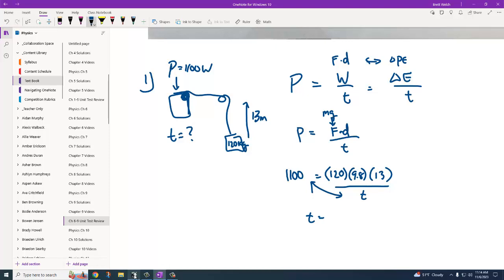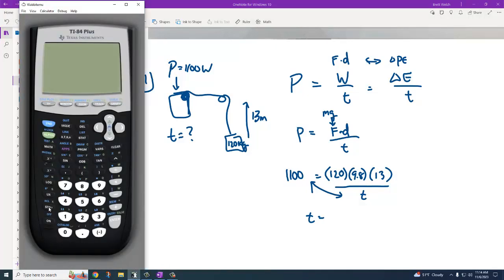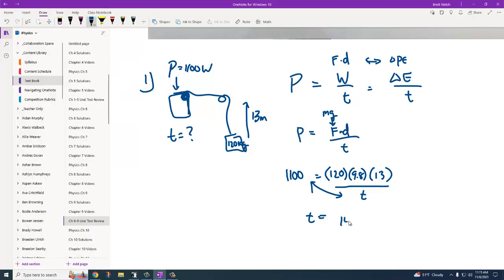Grab my calculator real quick, turn it on, and it would be 120 times 9.8 times 13, and then it would be 15288 divided by 1100. We do the old Welcheroo, and we get 13.89. We're going to go ahead and round that out. I think for two sig figs, we're going to round that out as 14 seconds.